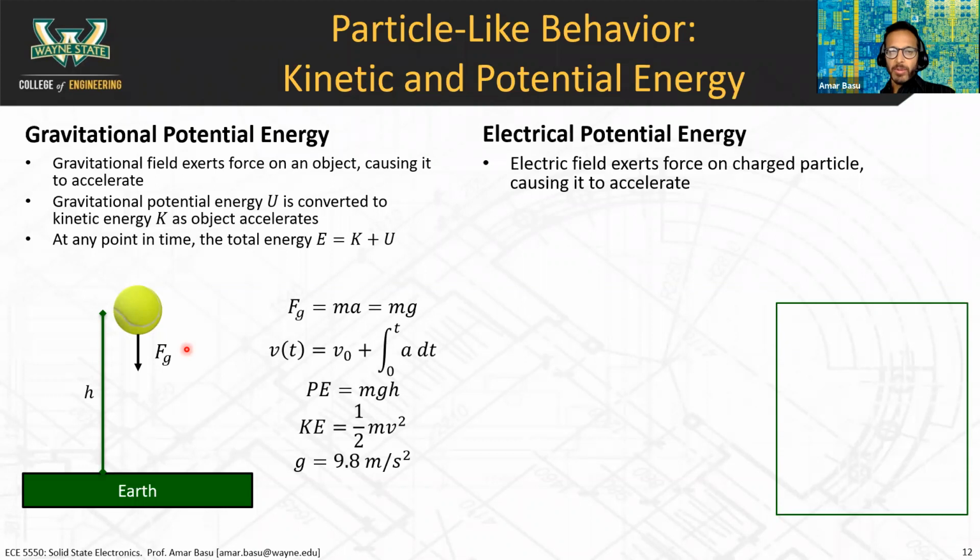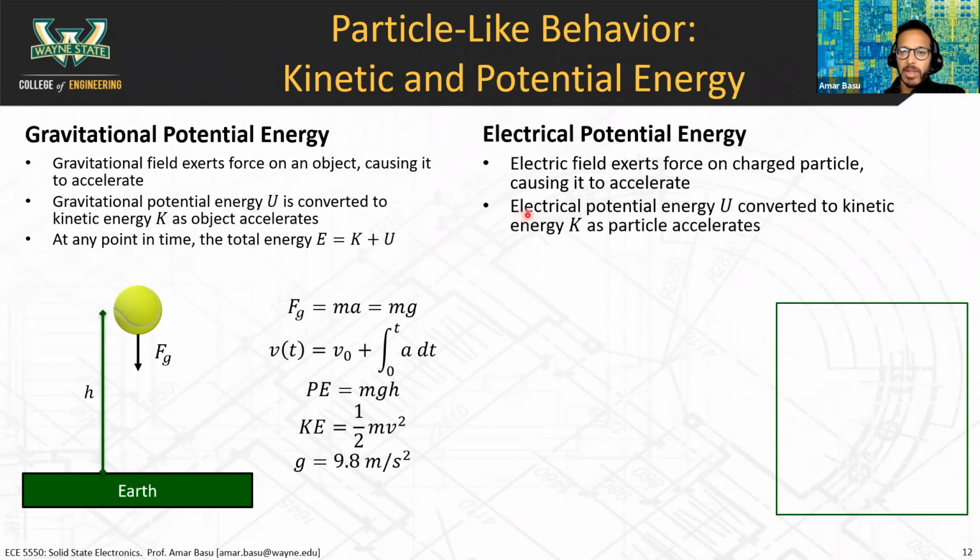The reason we reviewed that is I want you to see the analogy of that situation in an electrical system rather than a gravitational system or mechanical system. So in an electrical system, the electric field, rather than the gravitational field, is what exerts force on a charged particle and causes it to accelerate. So there's no gravity here.